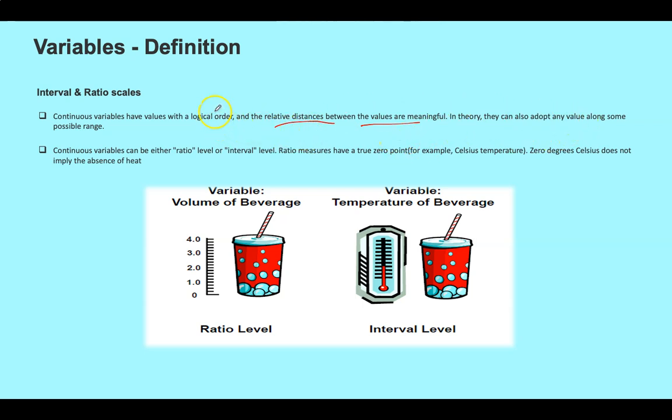A ratio measure has a true 0 point. For example, Celsius temperature: 0 degrees Celsius does not imply the absence of heat. So a ratio has a specific range in the data, and in interval we have a continuous variable that increases from a certain point to a certain point. So this is the difference between ratio and interval.